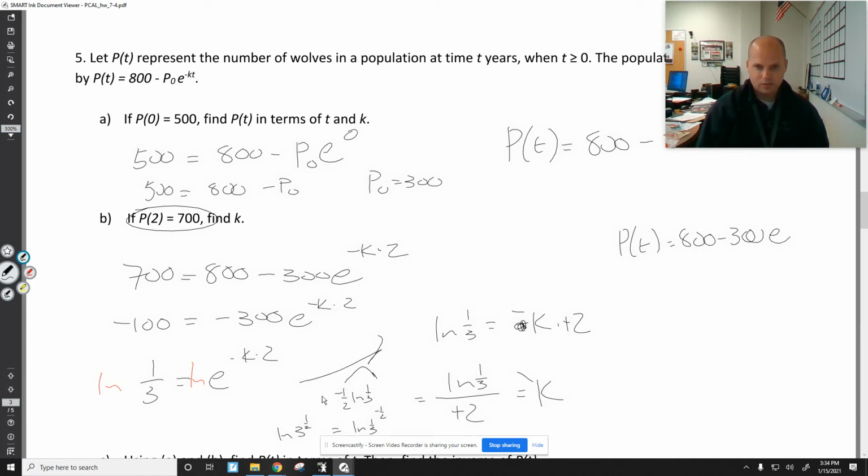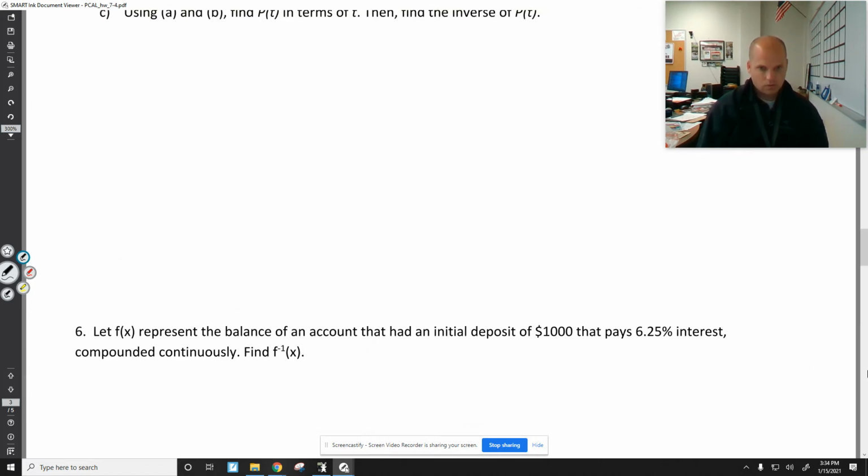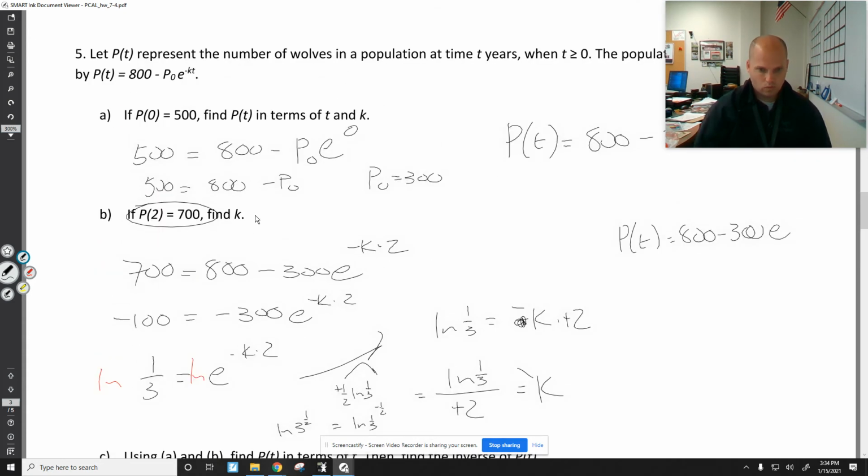Negative k is equal to log of 1/3 to the 1/2. Okay, e to the log 1/3 to the 1/2 t.